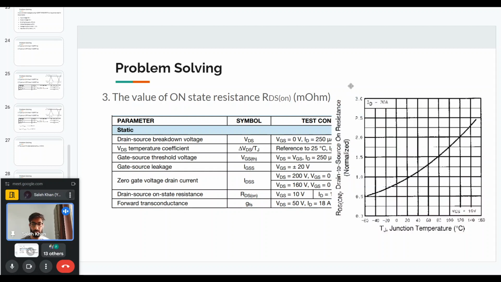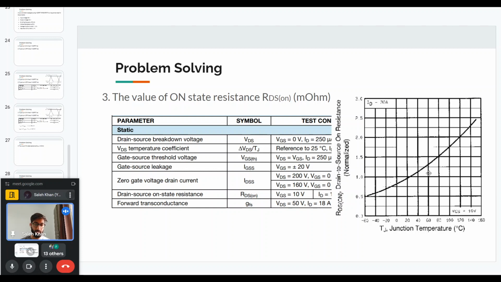But if we go in the data sheet, we also find a curve of the RDS on versus the junction temperature. We see that as the temperature rises, there is a very large change in the RDS on. For example, at 100 degrees centigrade junction temperature, the RDS on is actually 1.75 times the RDS on given in the datasheet table.